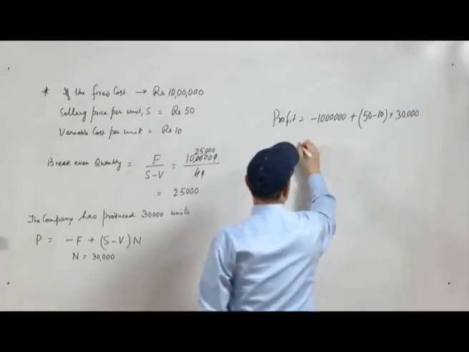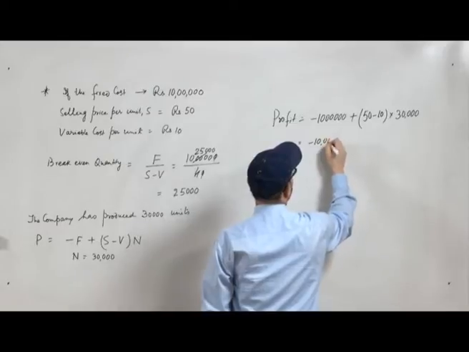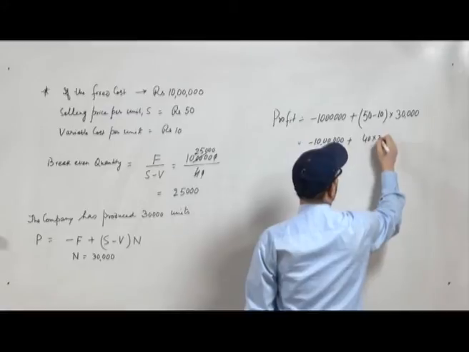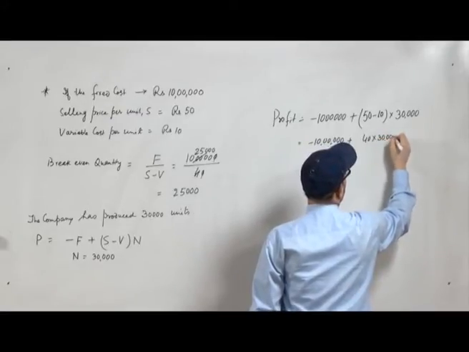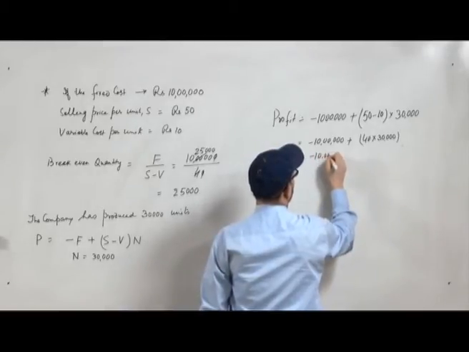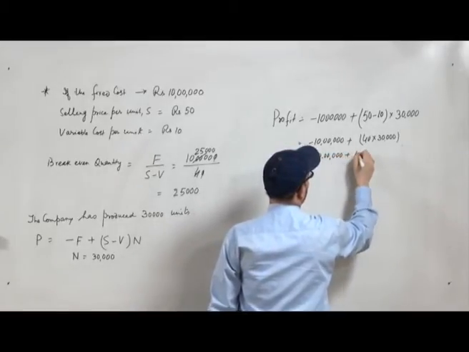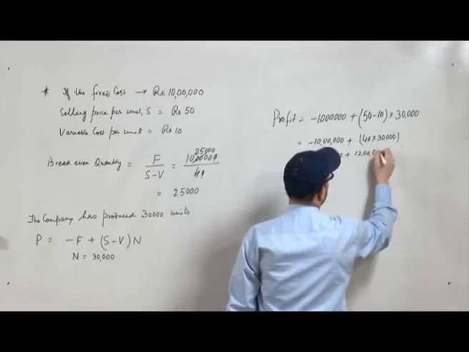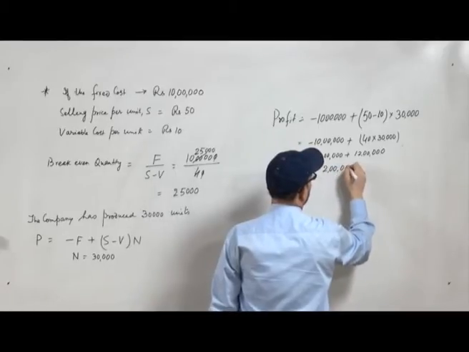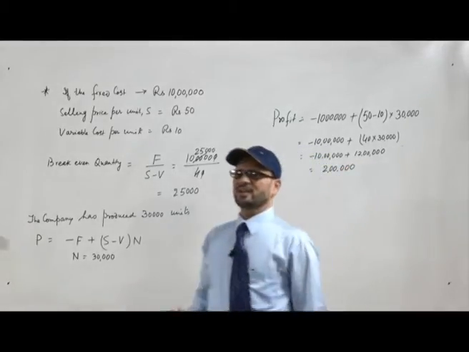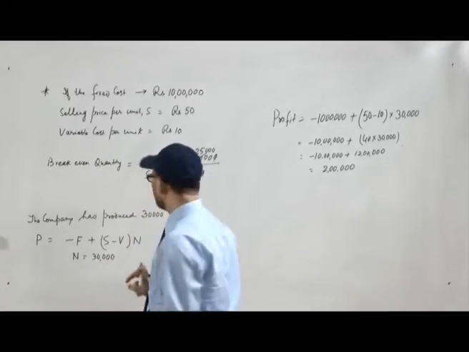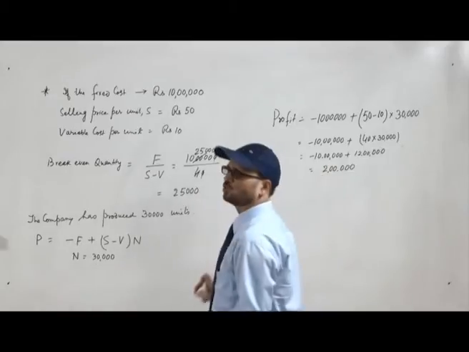So, it will be minus of 10 lakhs plus 40 into 30,000, that is minus 10 lakh plus 12 lakh, that is 2 lakh. So, it means if the company produces 30,000 units, it will earn a profit of 2 lakh.